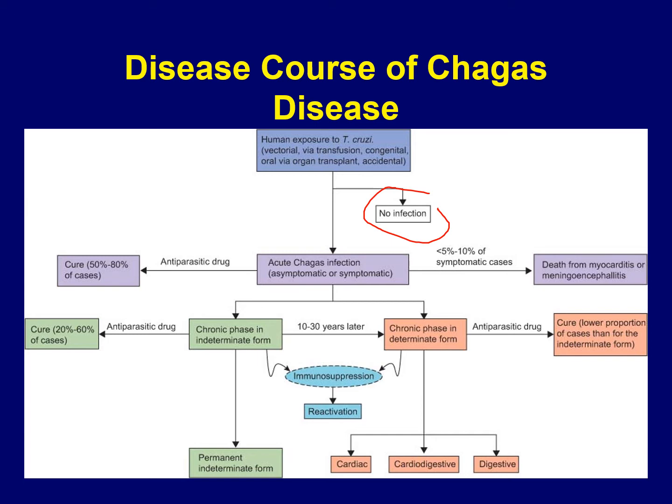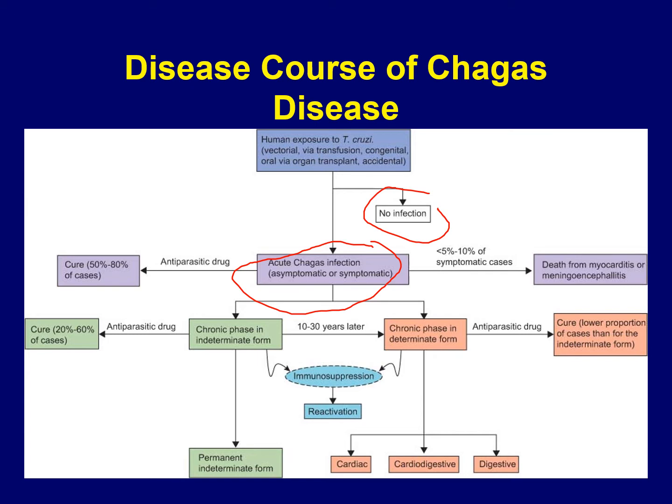These people may go on to develop an acute Chagas infection that is either asymptomatic or symptomatic. And the symptoms are very non-specific to Chagas disease, so it's often not detected. So things like fever, malaise are signs of a symptomatic acute Chagas infection.